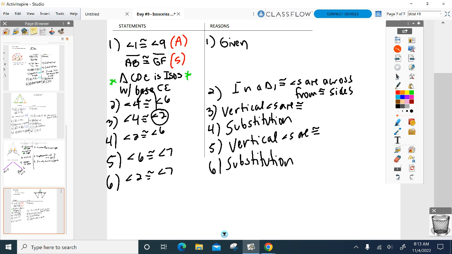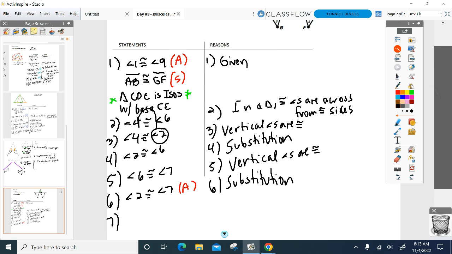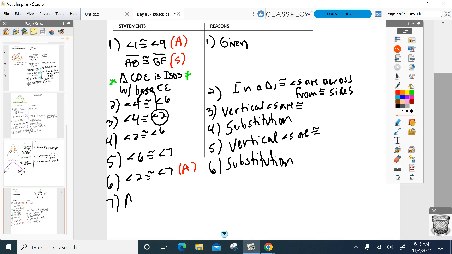And then there's your third pair. You guys have to look at your diagram now. Is this angle side angle, or is this angle angle side? That's what you have to decide right now.